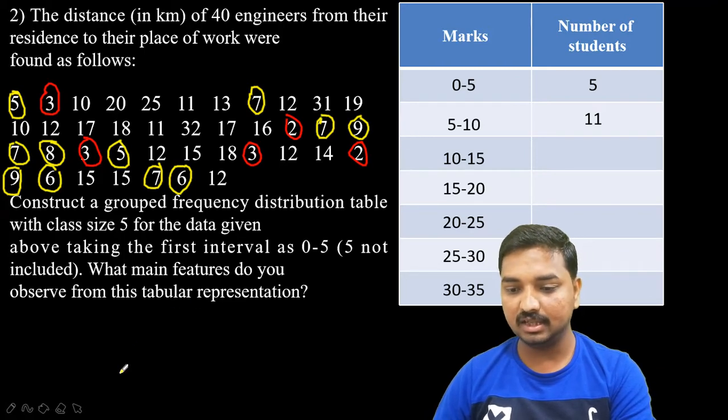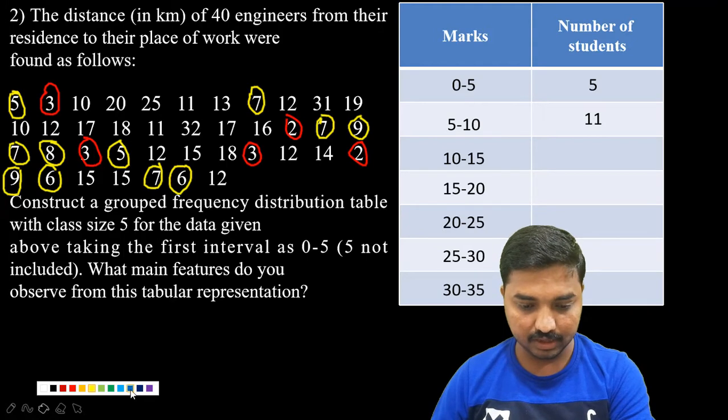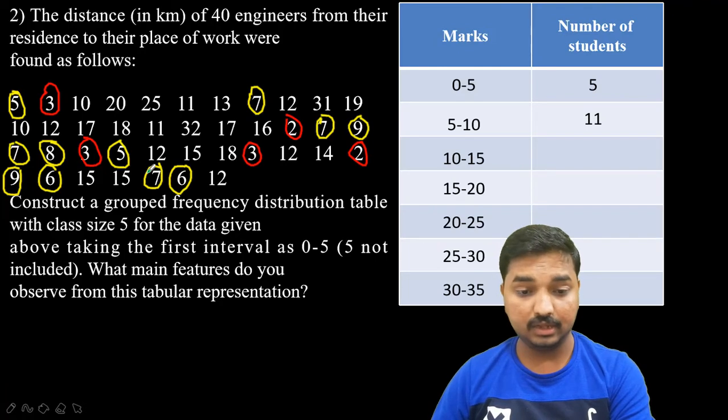Now the next thing is 10 to 15. For this one, I'm going to choose the green. 10 to 15 actually: 10, 11, 12, 13, 14. Look here, this is 10.